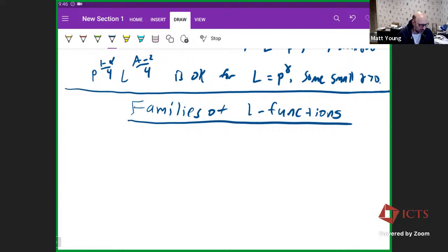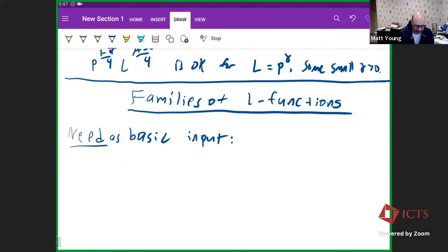So let's just define via examples. So one of the basic things that we're going to need as a basic input: first of all, we need everything to be an actual L function. So we're having a collection of L functions. We need to be able to average over the family in some way.